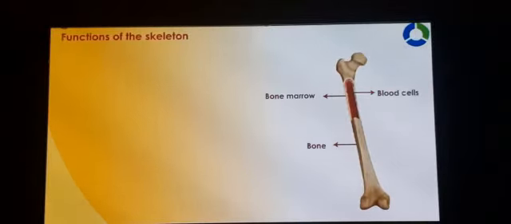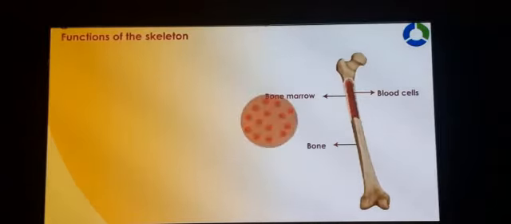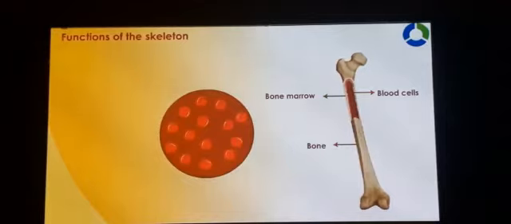Blood cells are made in the bone marrow. The red blood cells contain a red substance called hemoglobin, which carries oxygen from the lungs to all parts of our body.